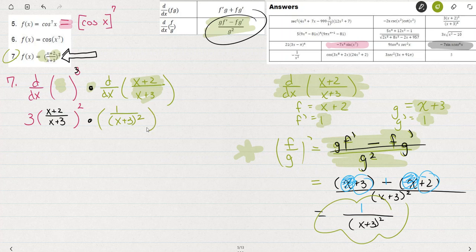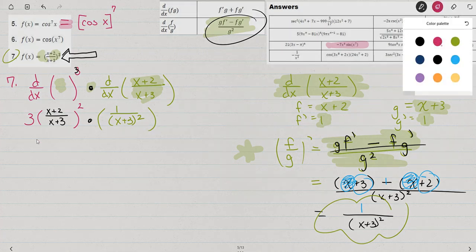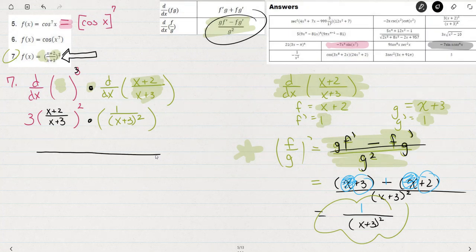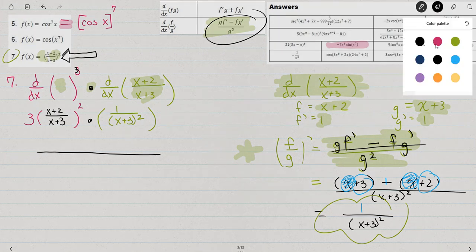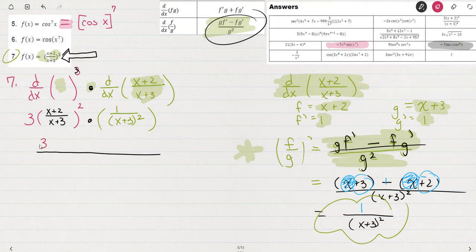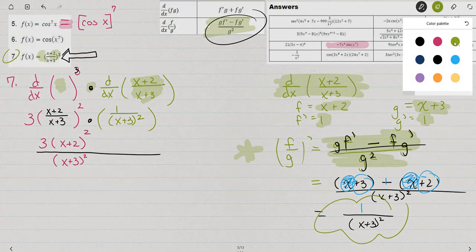When you look through the answer key over here, we don't see anything exactly like this, but watch what I can do here. I'm going to recognize that that is like a fraction. I've got a 3 times a fraction times a fraction. And the 3 is like a 3 over 1, so it's going to be in the numerator. And then I've got an x plus 2 squared in the numerator. And I've got an x plus 3 squared in the denominator.